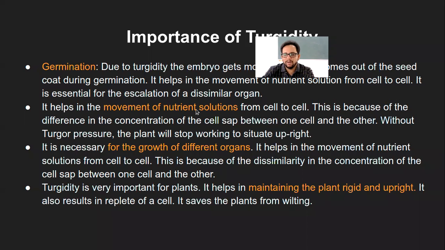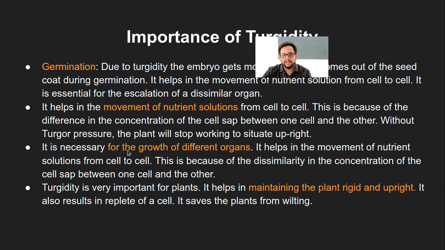So due to all these factors, there will always be a movement of nutrient solution from cell to cell, and that will cause a difference in the concentration of the cells from one cell to the other, and obviously it will again lead to turgor pressure in those particular cells wherever the concentration is increasing. This process goes on until the tip of the leaf, and then from the leaf water goes out through transpiration.